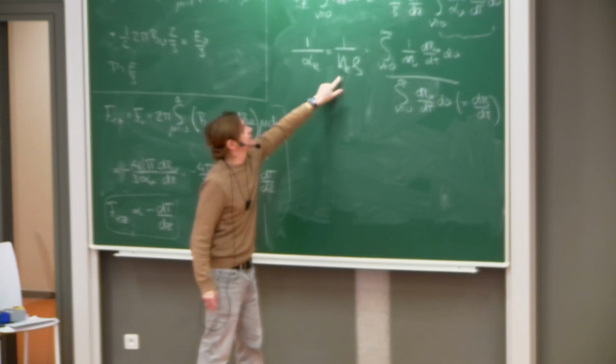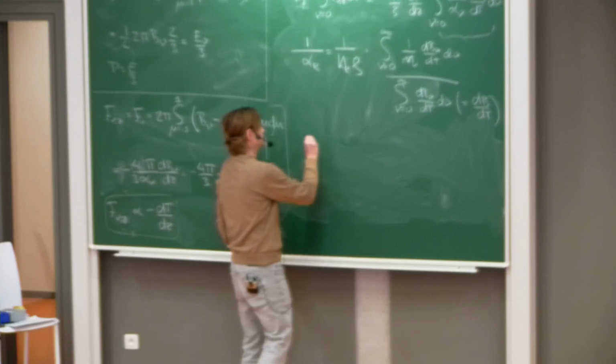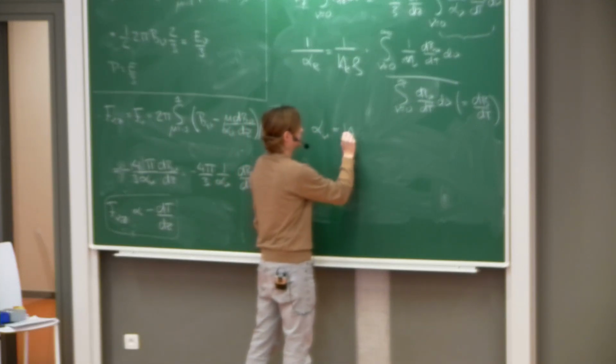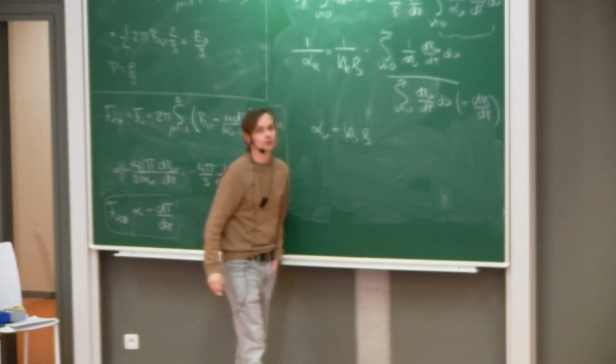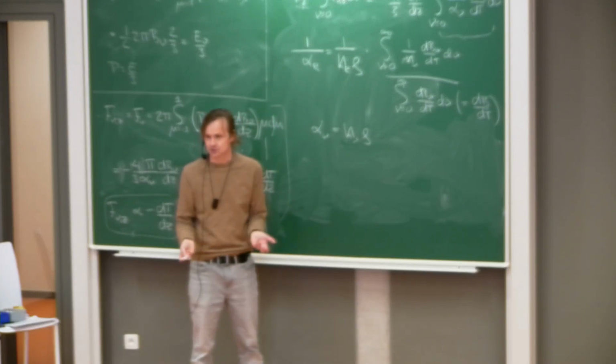That is, we have written the extinction coefficient, in this case the Rosseland, but we could do it also frequency by frequency. That is, write alpha nu as kappa nu times rho, where this is often called the opacity. It is the mass absorption coefficient.